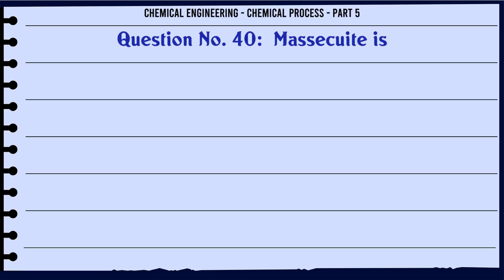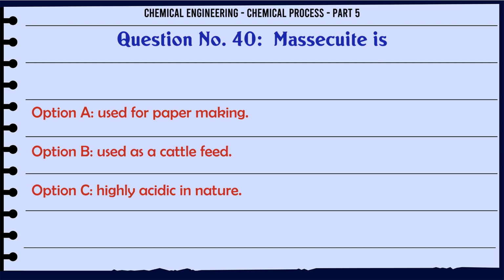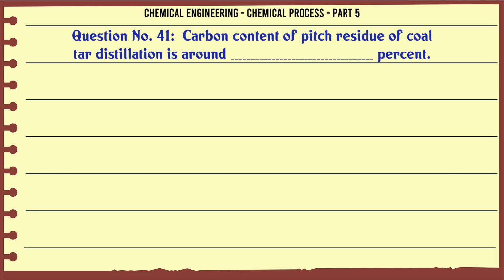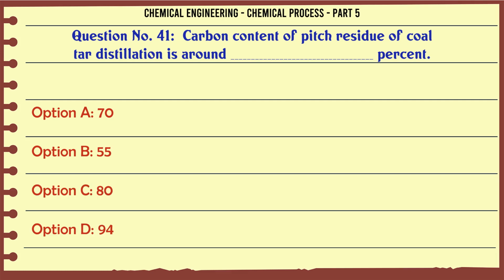Monosaccharide is A. Used for paper making, B. Used as a cattle feed, C. Highly acidic in nature, D. None of these. The correct answer is none of these. Carbon content of pitch residue of coal tar distillation is around ___ %. A. 70, B. 55, C. 80, D. 94.